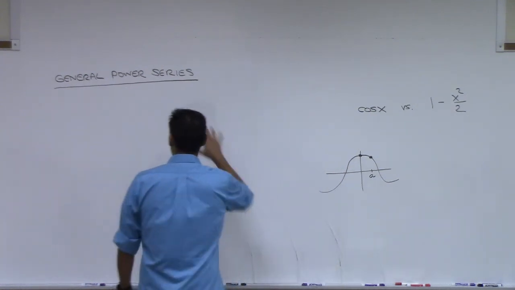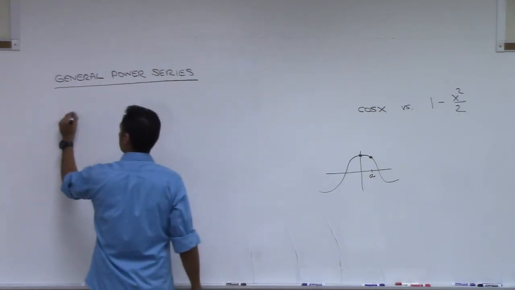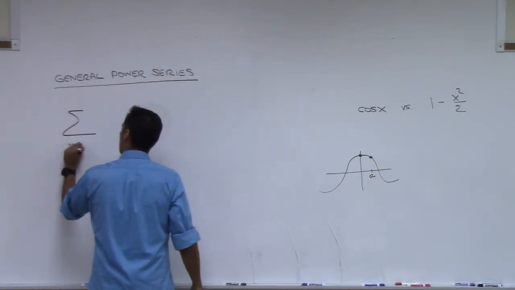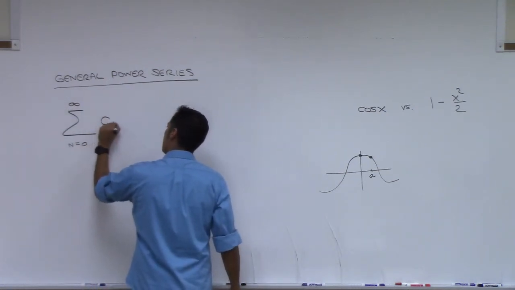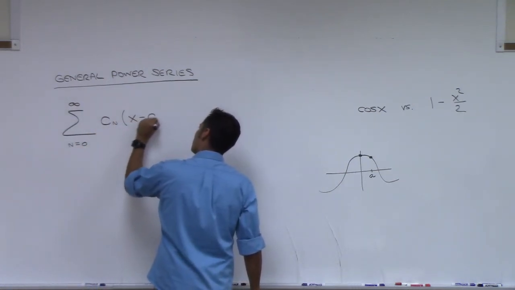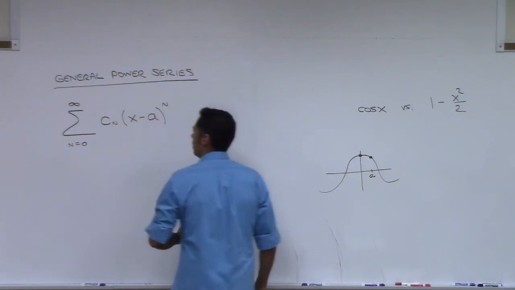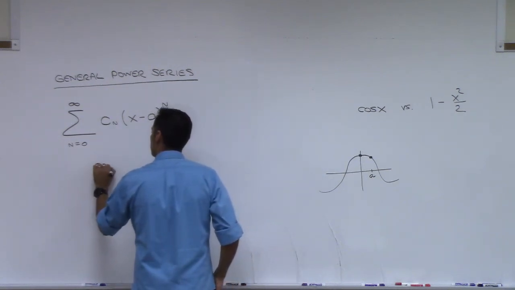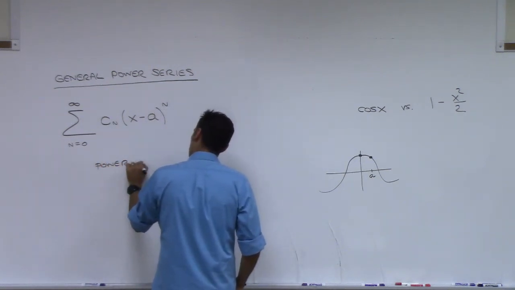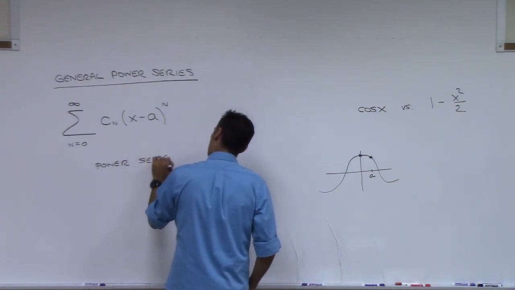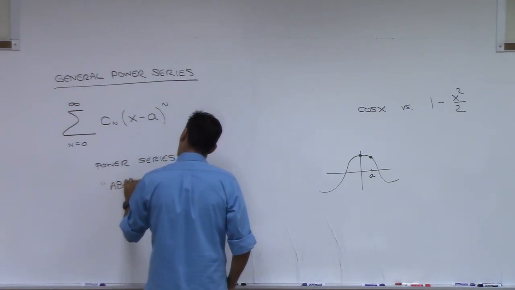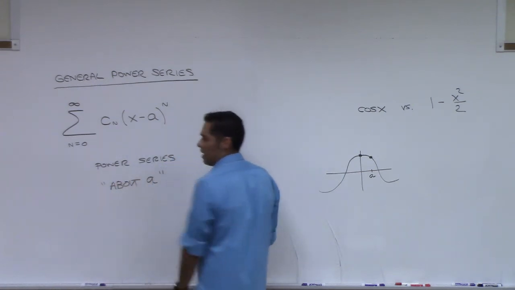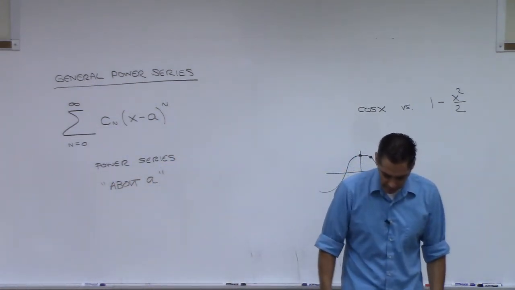So a general power series looks like this. Sum n equals 0 to infinity, starting at 0, c sub n times (x minus a) to the n. And this is the power series about a. That's the way we say that. The power series about a.